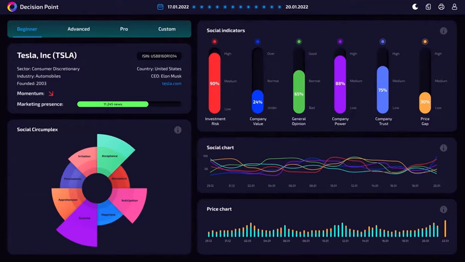Then towards the right, we have the company power indicator. This is an indicator that offers information about how strong a company is in the market from the perspective of economic growth and the positive opinion surrounding its media image. Why is this useful? Well, it helps in identifying the importance of a company.